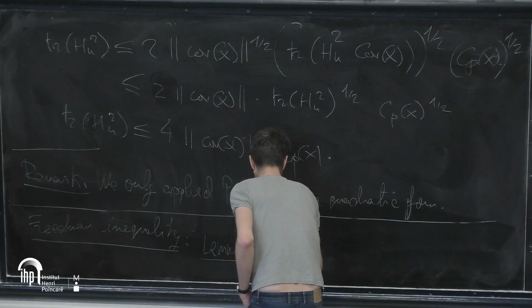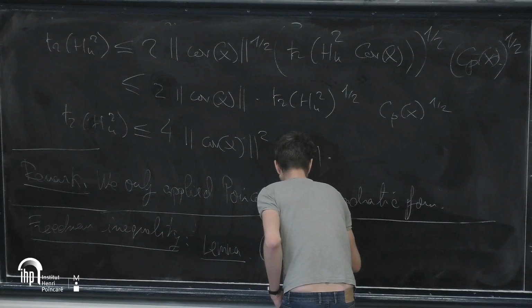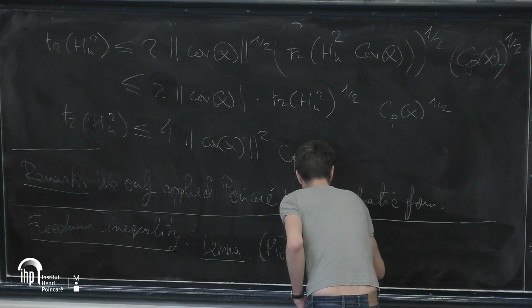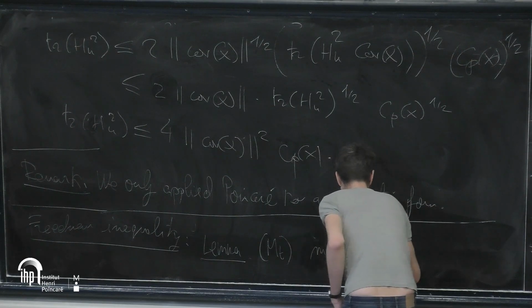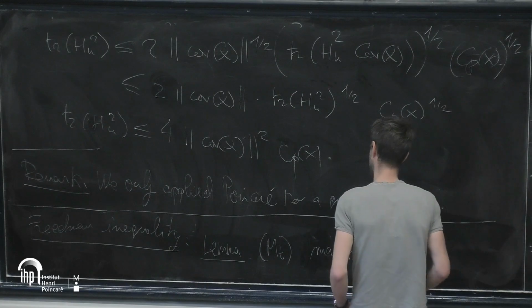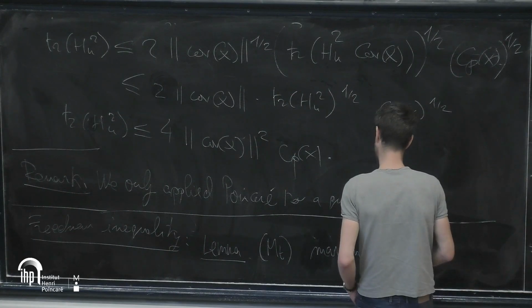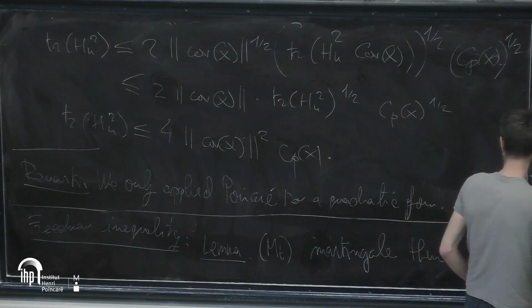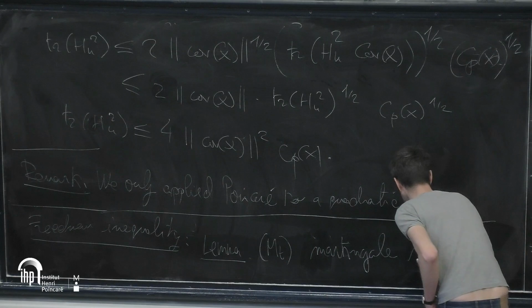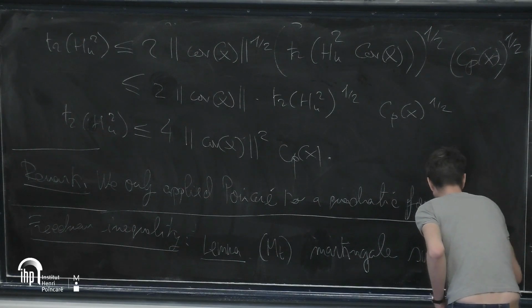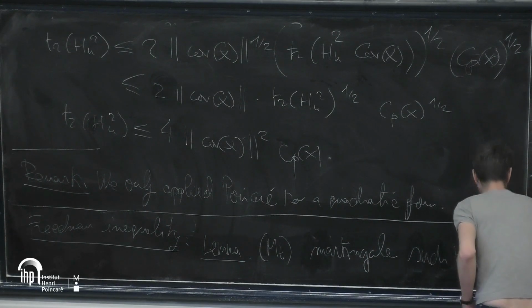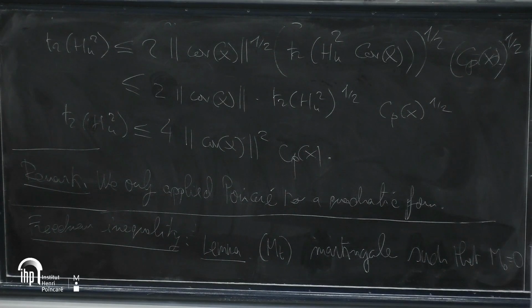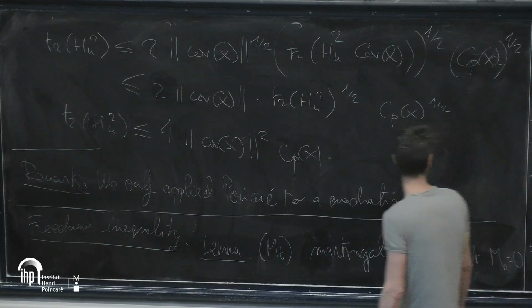So M_t is a continuous martingale. All my martingales are continuous, so some Ito process, if you want, starting from 0. Then it's a deviation inequality, which takes this form.